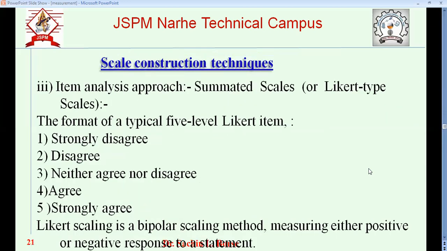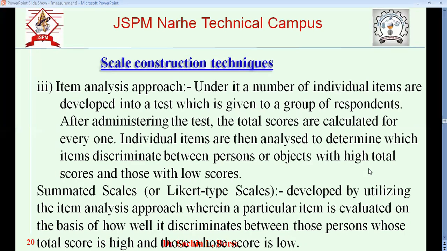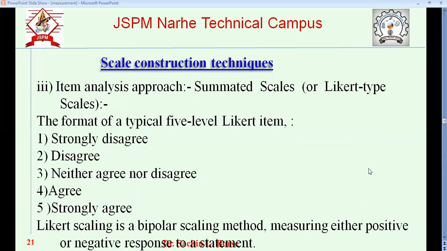Then the item analysis approach, in which we saw the Likert scale. In the item analysis approach, total scores are calculated for everyone, and individual items are then analyzed to determine which items discriminate between the persons with higher scores and those with low scores.